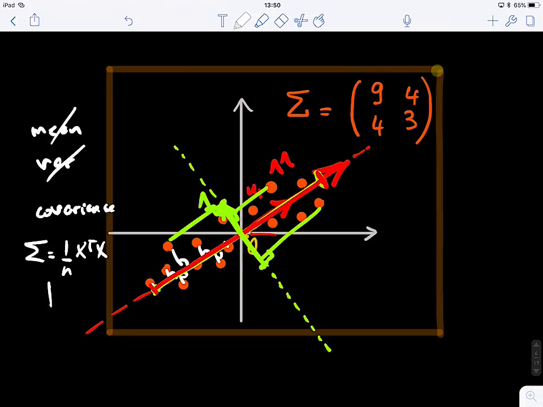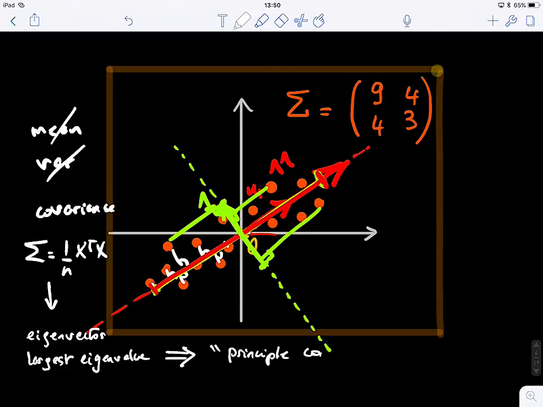And we discovered that the eigenvector with the largest eigenvalue, because 11 is larger than 1, is actually what we call our principal component, or the projection axis that we were looking for, okay?